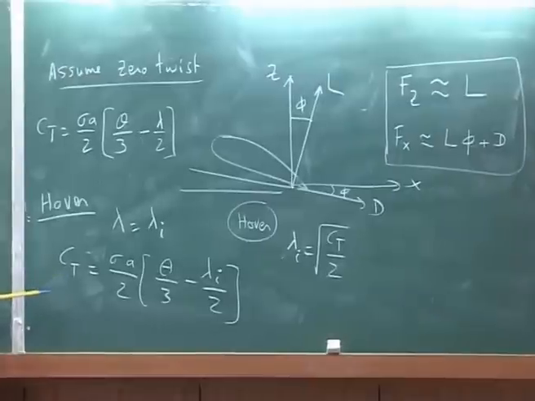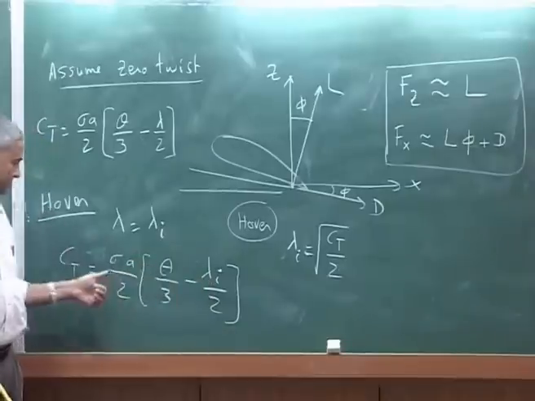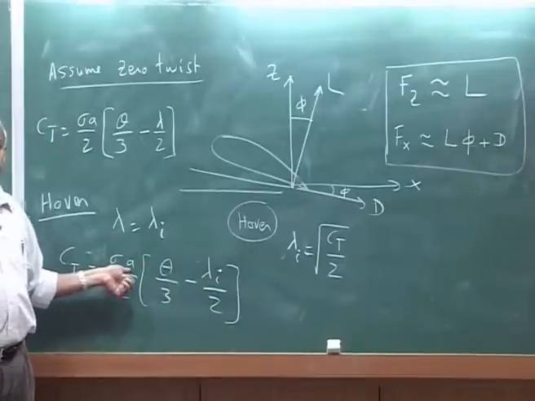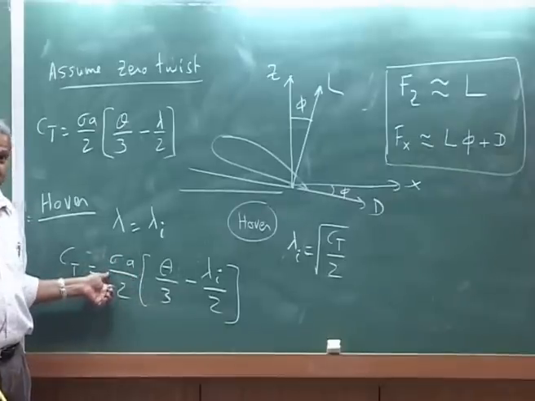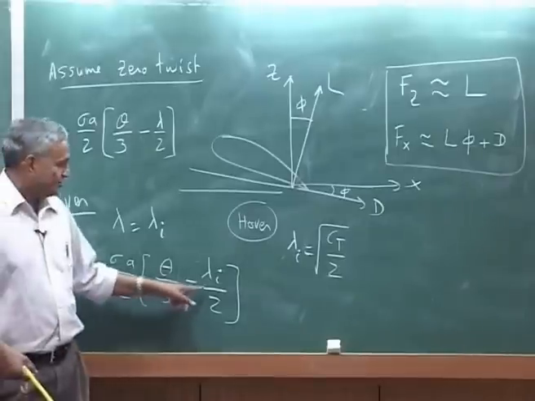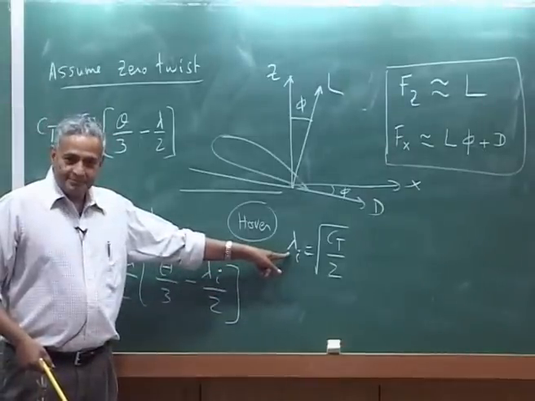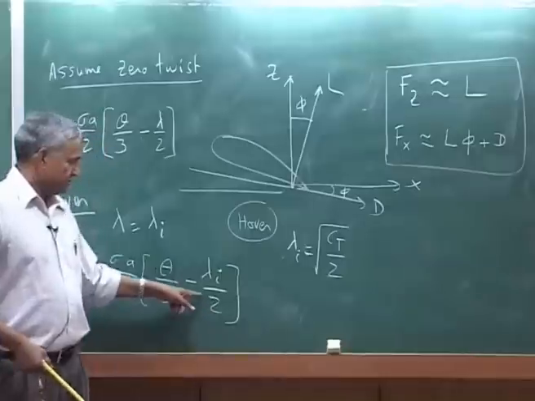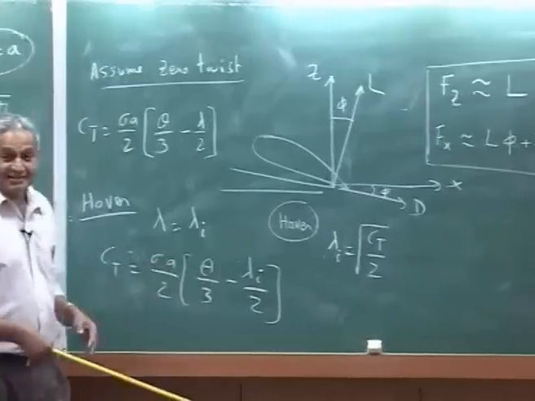Now, blade element theory is relating pitch angle, induced flow, solidity and airfoil characteristics, because all these are there. Number of blades, actually these are non-dimensional quantities. If you want, then operating condition is there, angle of attack, everything is there. Now I can substitute for lambda I here, and then I can get theta.